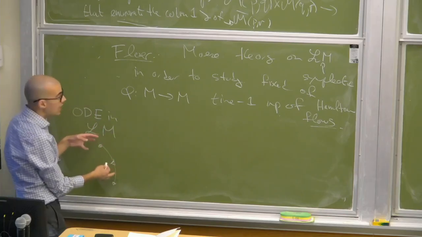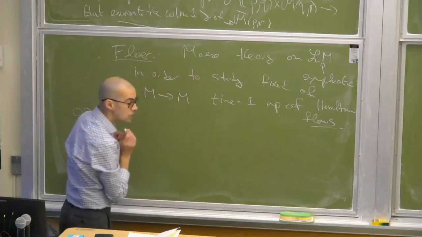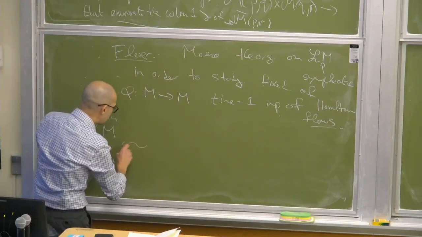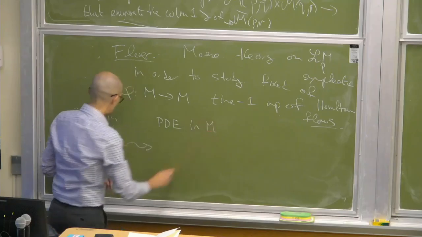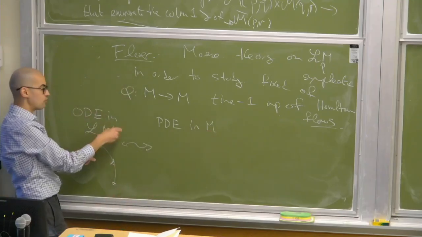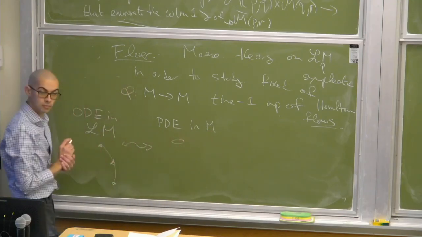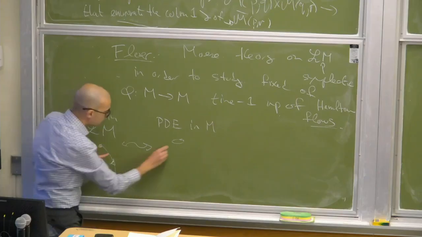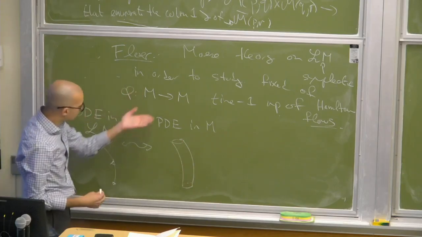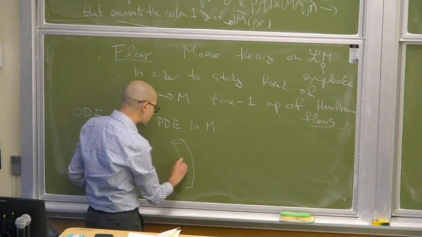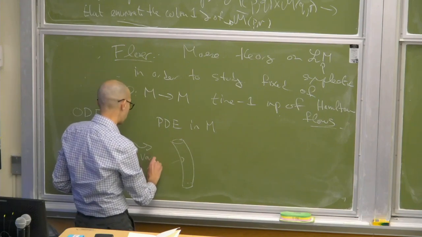To understand the problem Floer noticed, you want to translate this ODE to a PDE in M. A point in the free loop space is a circle, and this flow line now becomes a cylinder. He worked out that this PDE in M is some variant of the holomorphic curve equation.